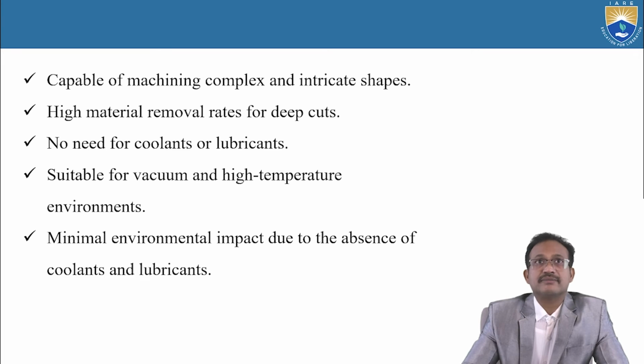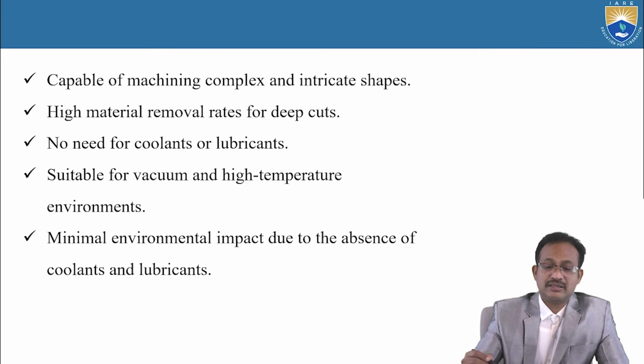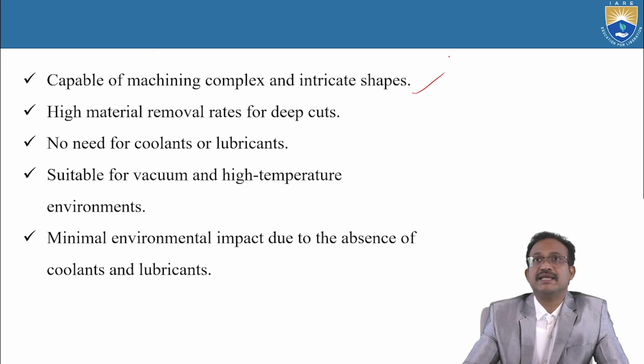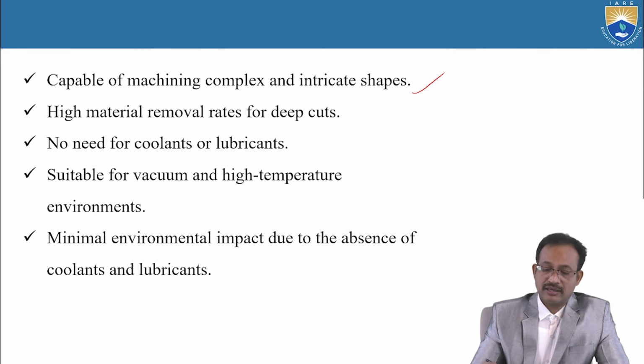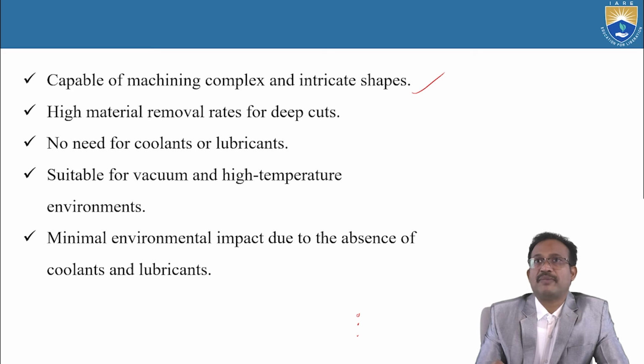Next advantage, capable of machining complex and intricate shapes. The electron beam is the smallest point, and it can travel according to the set path, so that we can machine complex and intricate shapes. There is no tool involved.